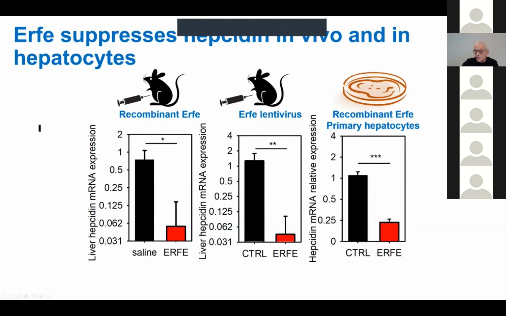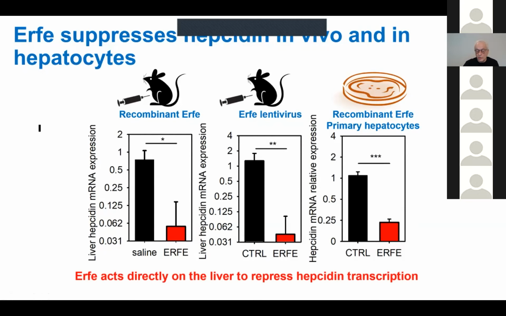And most importantly, if we cultured primary mouse or human hepatocytes and treated them with erythroferrone, we would also be able to suppress hepcidin production by these hepatocytes. So we argued then that erythroferrone acts directly on the liver to repress hepcidin transcription.